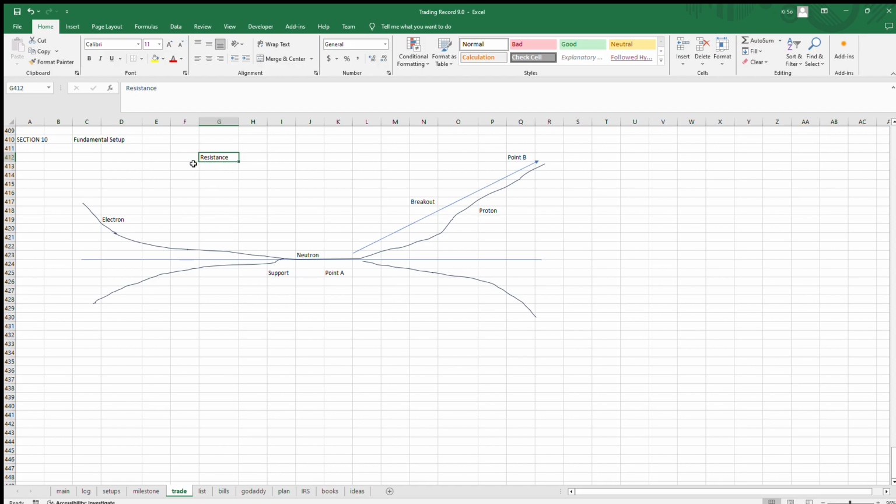And say, well, if the shape forms into a certain shape or pullback or something like that, essentially a pullback is made up of this fundamental element too, right? Because pullback means that initially it started out like this, it had a little bit of this, and then it will return to this. That's what a pullback is. This is what I call the fundamental setup, and it applies to everything. This is the holy grail of a setup.